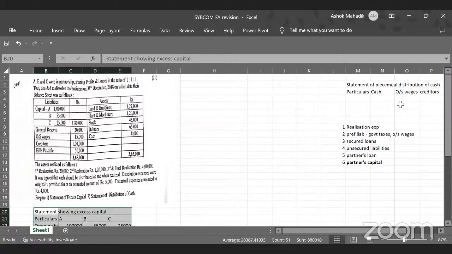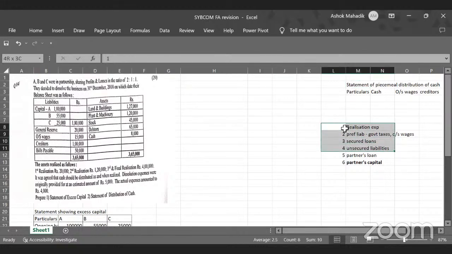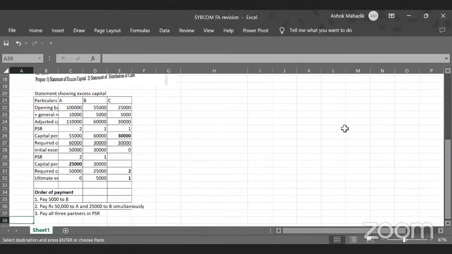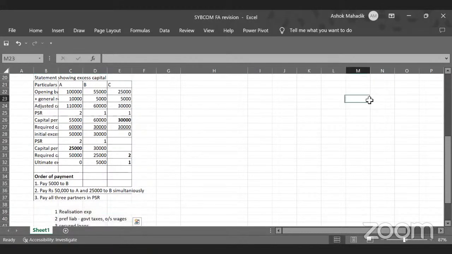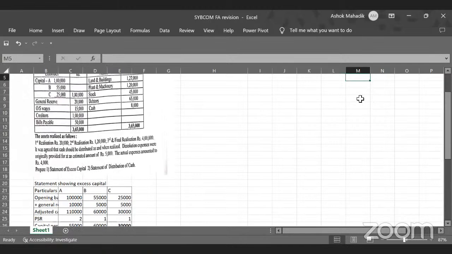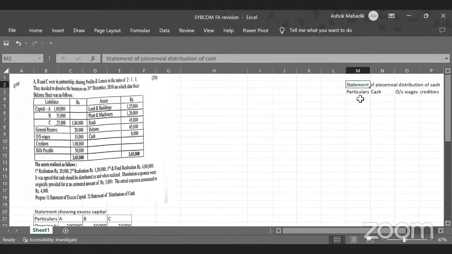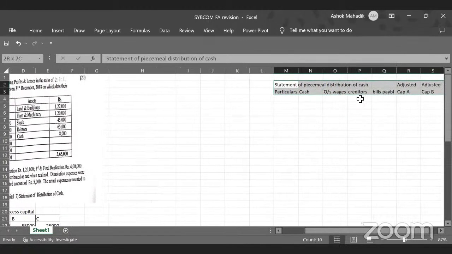Now main statement. I'll just move this order of payment also from here. I'll just keep it below this table. Now we'll go to the main answer. Paying all the liabilities now one by one.